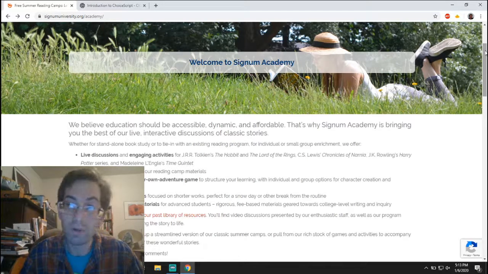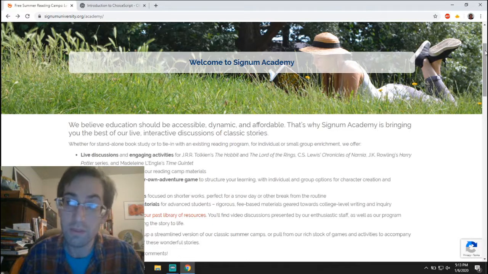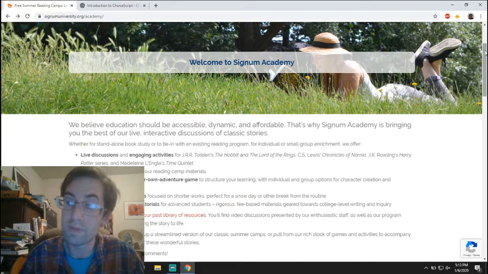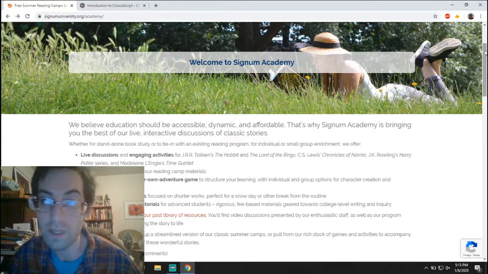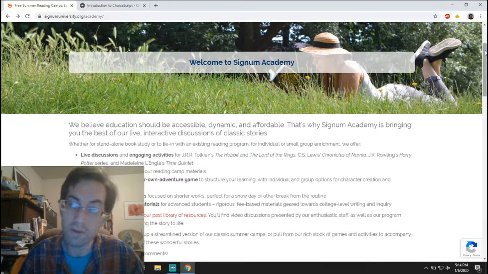The writing component is something that we already offer some help with through what we call the Writer's Forge. That is a service that is offered for the students of Signum University, but is open to anyone. It is a fee-based service, and so in the same way, we would want to be able to pay our teachers for their time in the language tutorial.